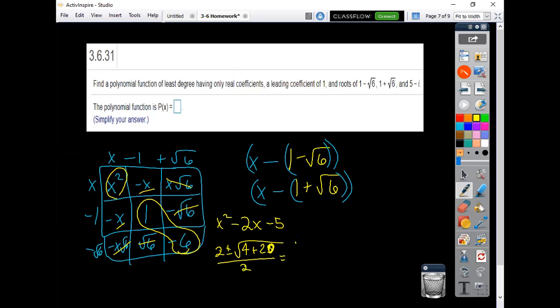So this would be 2 plus or minus the square root of 24 over 2. But 24 is 4 times 6, right? And the 4 gets out as a 2, so it's 2 plus or minus 2 square root of 6 all over the 2. And this 2 would wipe all those, leaving 1 plus or minus my square root of 6. Okay, so that is correct.